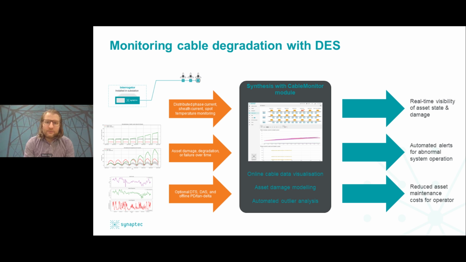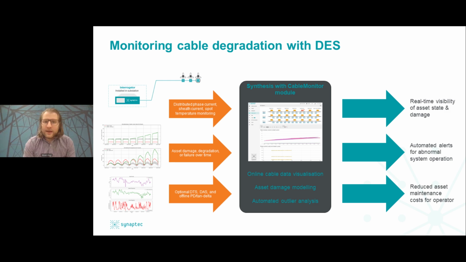And we process that data using our cable monitoring solution, which includes an outlier detection engine. So this provides visibility of damage progression in these assets over time, and we can use that to provide intelligent alarms that expose some subtle failure modes that are really not accessible or possible to achieve using conventional measurement approaches.